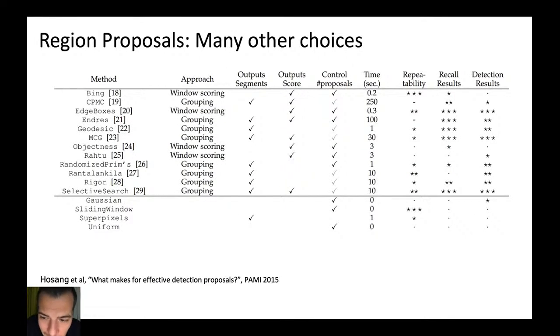There are many approaches in literature that do region proposal, based on various methods. These are studied in a PAMI paper in 2015, which also tries to rank them with respect to repeatability, recall of the detected objects, and so on.